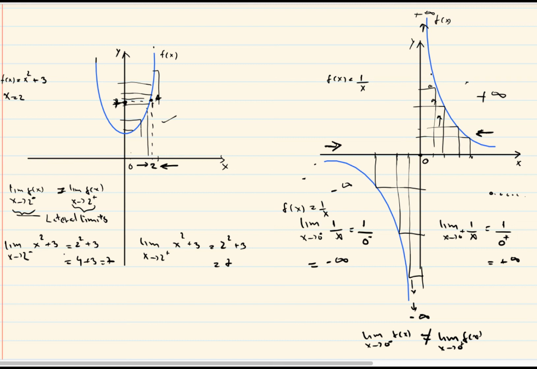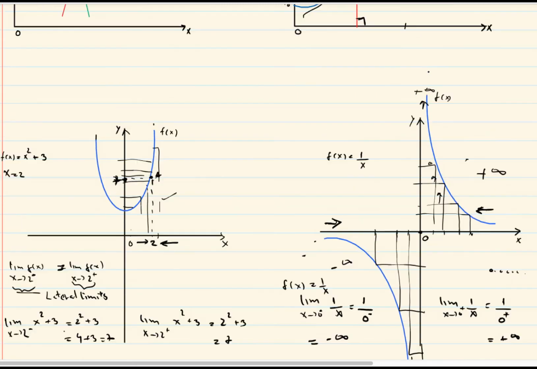So there's no smooth transition, there's no incremental change, there's no rate of change. And if there's no rate of change visually seen in a graph, there is no derivative of that function at that given point.